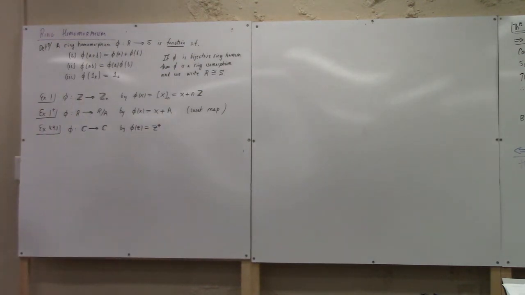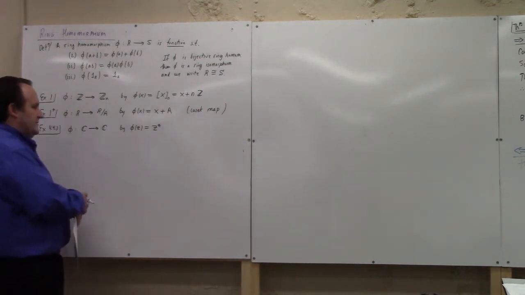What are the properties of the complex conjugate? The conjugate of a sum is the sum of the conjugates. The conjugate of a product is the product of the conjugates. And what's the complex conjugate of the number 1? Well, it's 1 again. So check, check, check. We have that complex conjugation is a ring homomorphism of C.